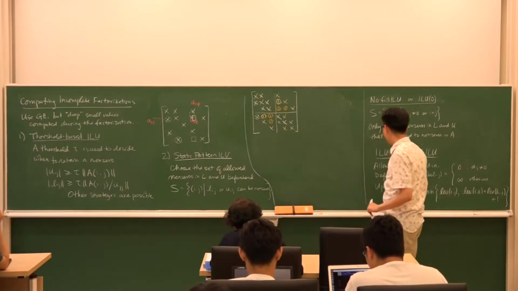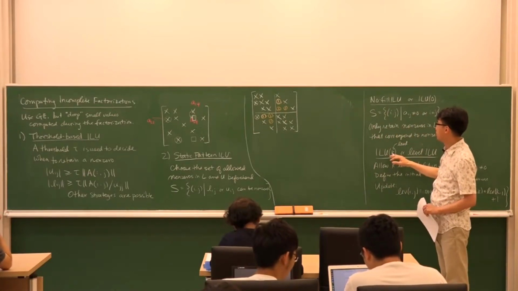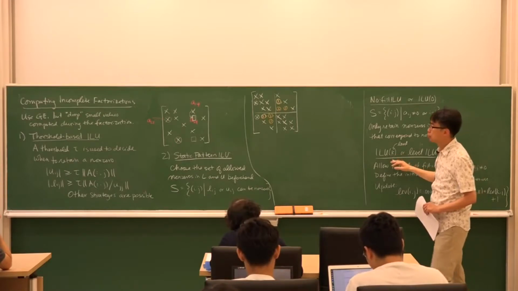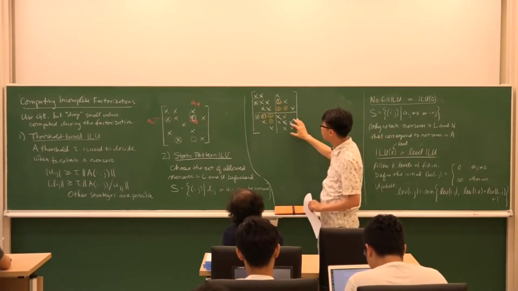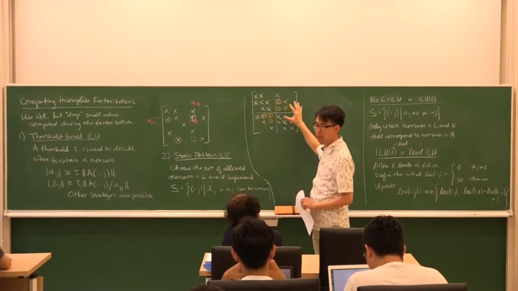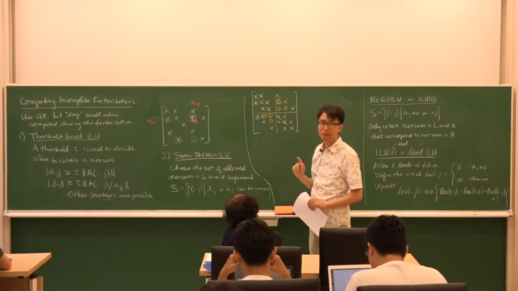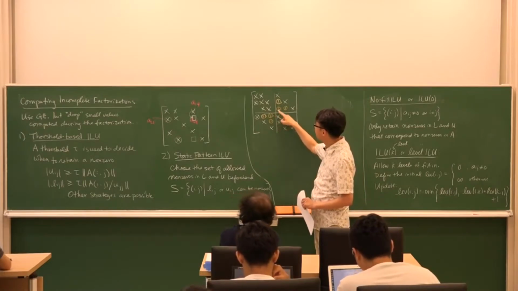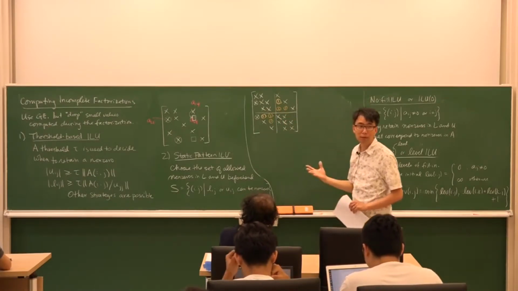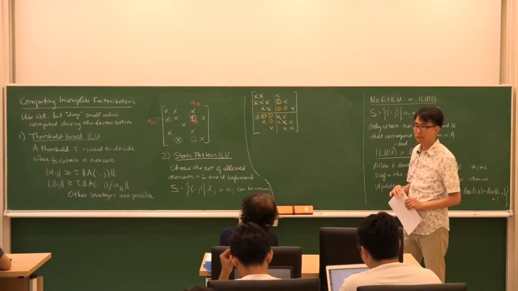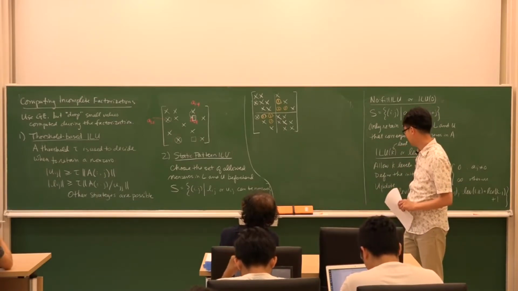So if we say that we want a level 1 ILU factorization, then the pattern is going to be all of the level 0 entries, which correspond to the original entries, plus these extra ones that are marked 1. We're not going to allow any fill-in over here, which are level 2. Okay?